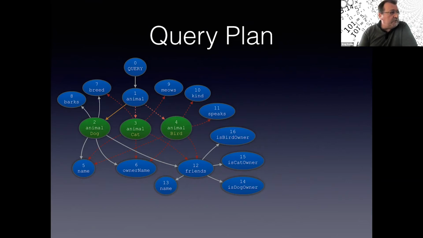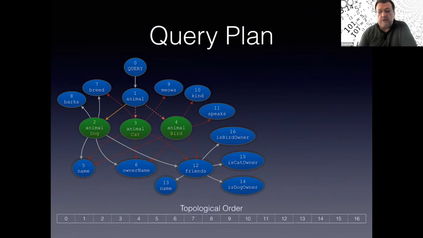In order to build the sequence of edges, the graph structure allows us to first topologically sort the vertices, and topological order means that the vertices with the least dependencies appear in the sequence before the vertices with the most dependencies.